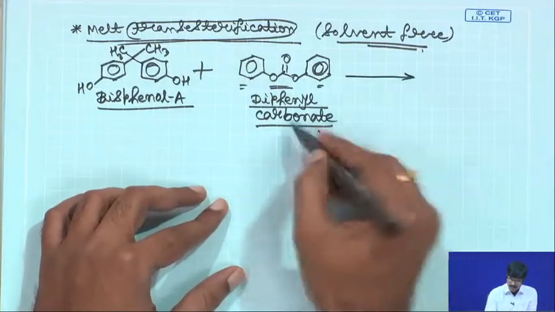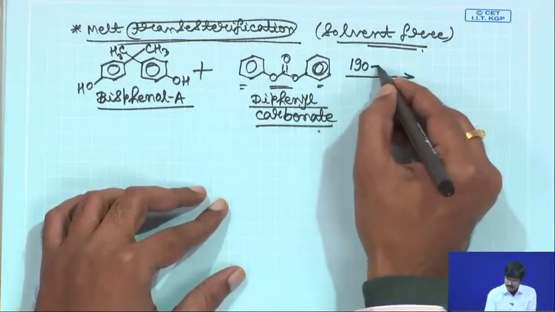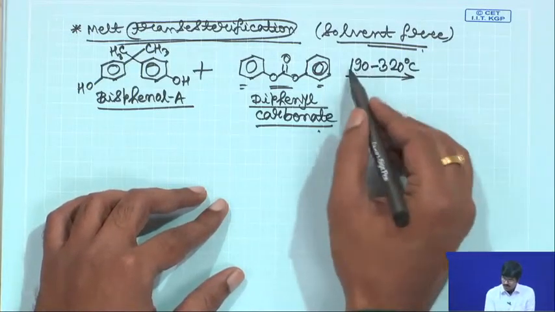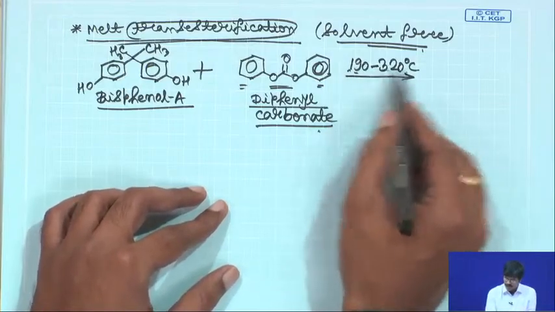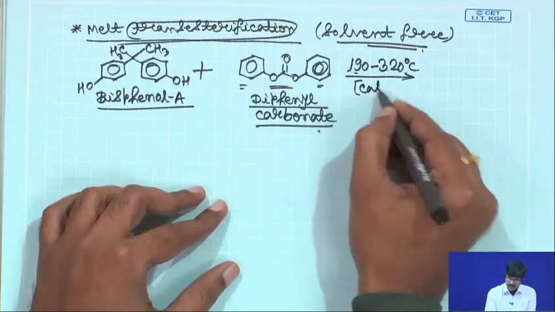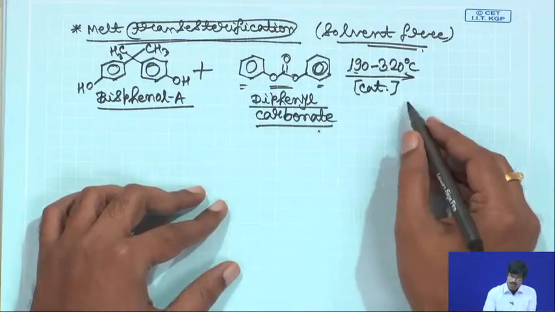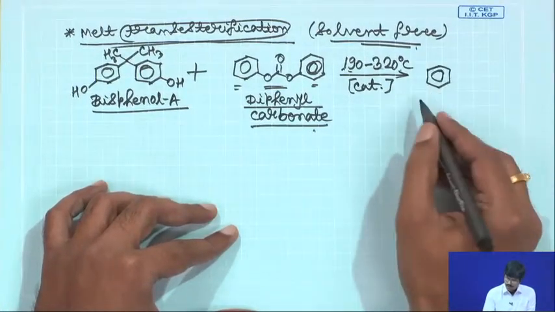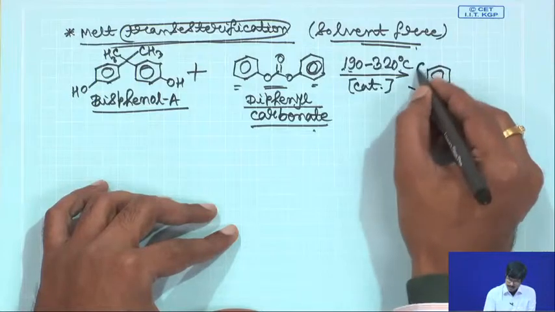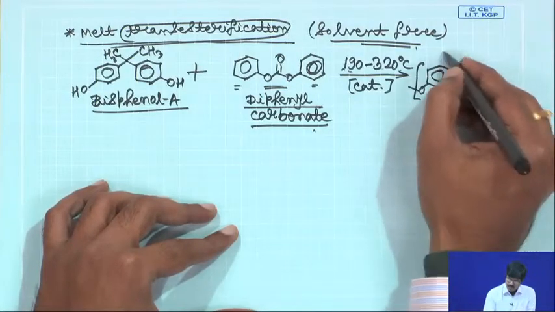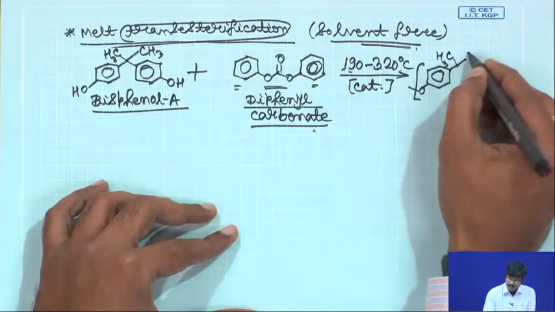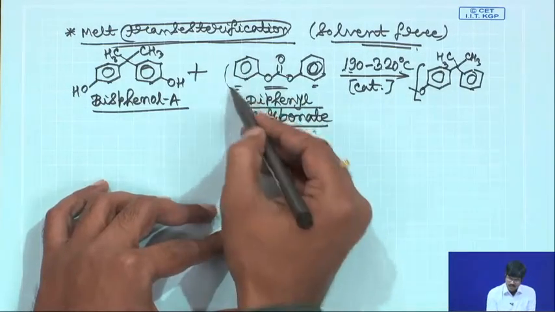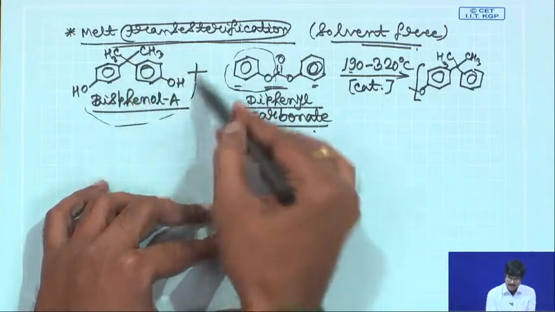So, this reaction is done at quite high temperature. There is a range, means you start with a lower temperature and then you go to higher temperature, that is why this range is there, and you are using some catalyst and you will get your bisphenol A polycarbonate, which is having this repeat unit. So, you see that this alcohol here has been replaced by this alcohol.